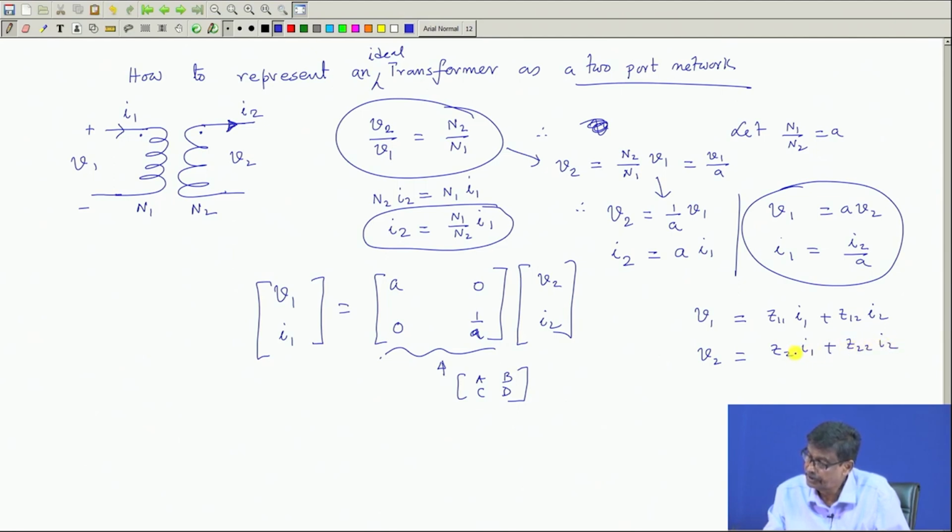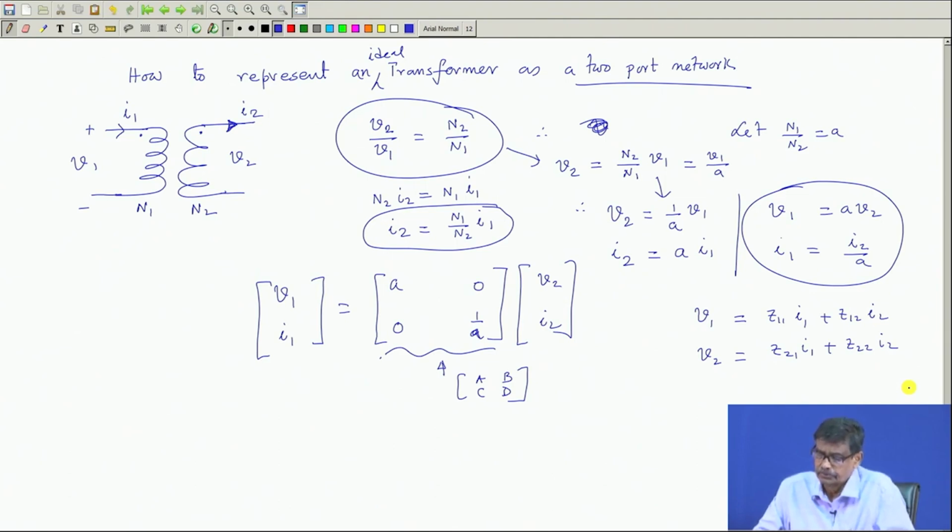This is how you have to write it. The question is, can it be written like this? V1 cannot be expressed in terms of I1 and I2. Similarly, V2 cannot be expressed in terms of that. It looks like the impedance matrix does not exist there.